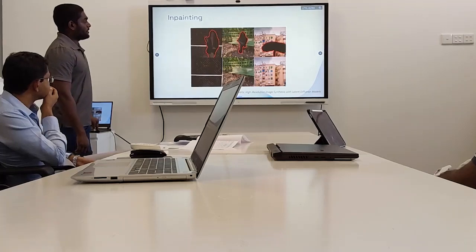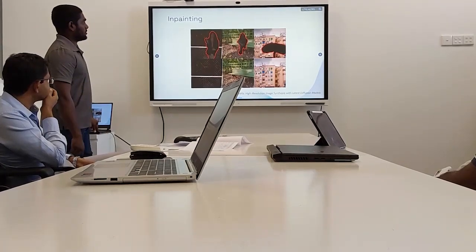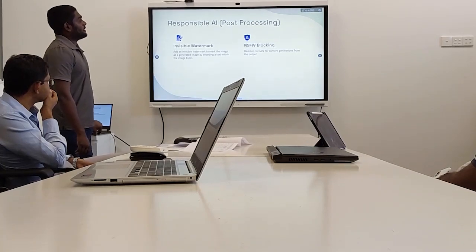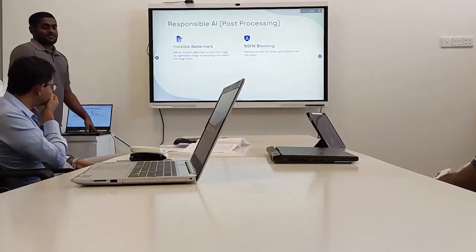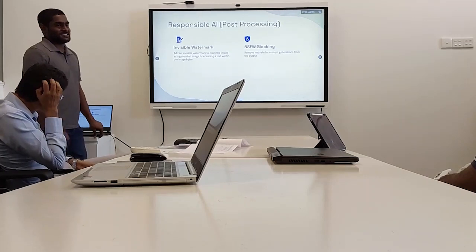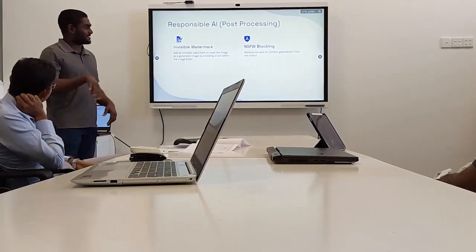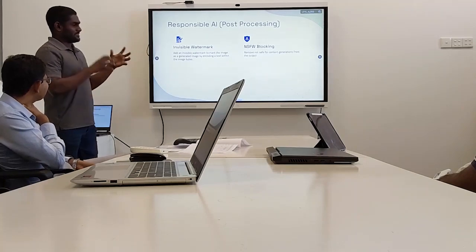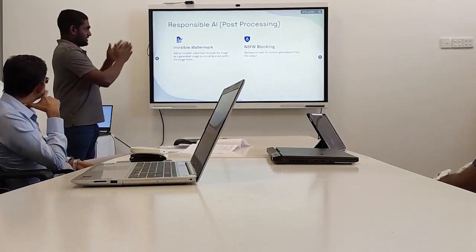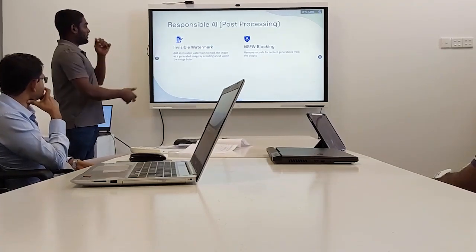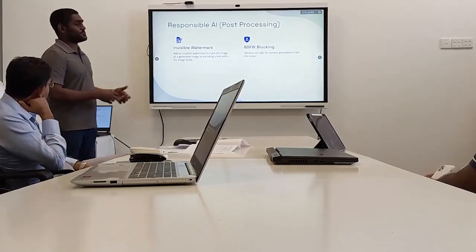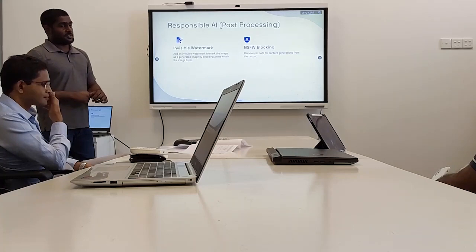And also for inpainting, they can use the same model. Now a bit about responsible AI. I also mentioned this in an informal discussion in this group. I saw these two implemented in the Stable Diffusion repository.